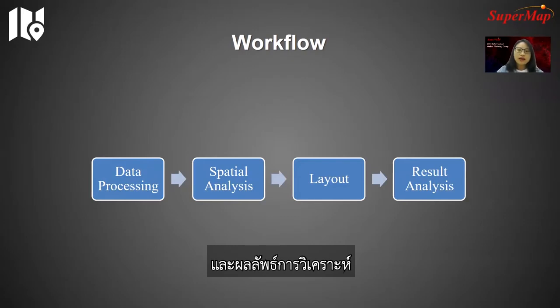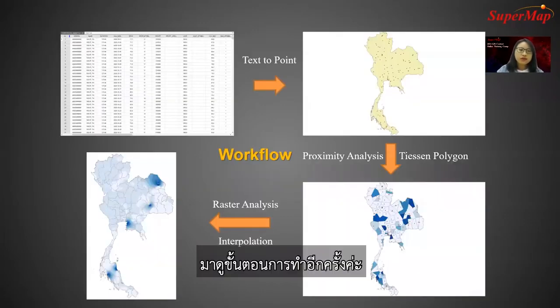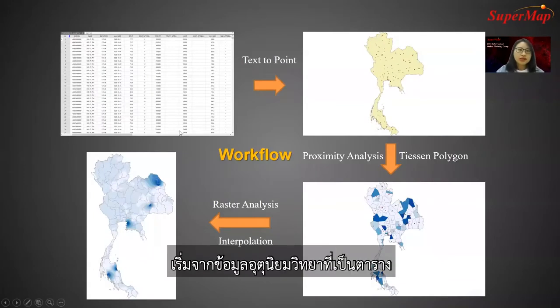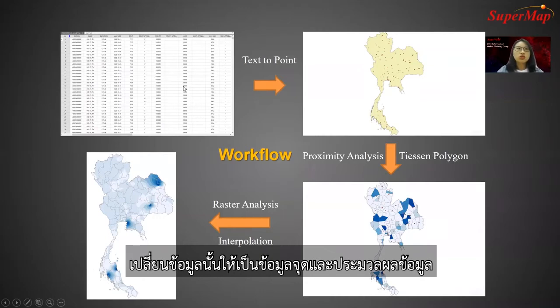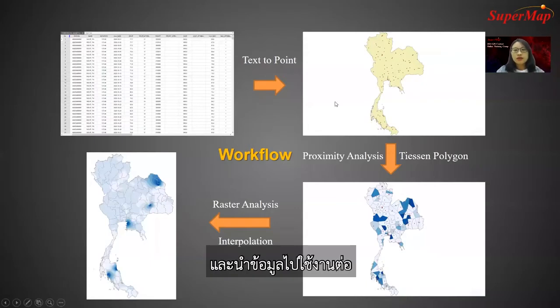So let's take a look. We just got the meteorological data in text format. So here we need to further process the data to import it as point data, and after processing, finally use the data to do more applications.